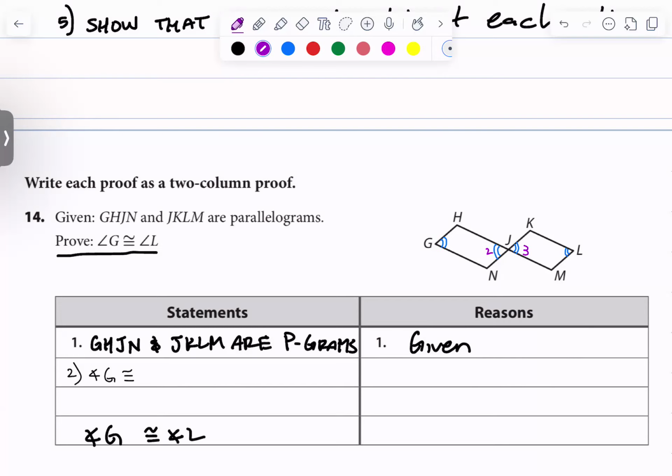Because down here, when I write it down, I can just say angle 2 instead of saying angle HJN, okay? And angle L is congruent to angle 3 because opposite angles of a parallelogram are congruent.